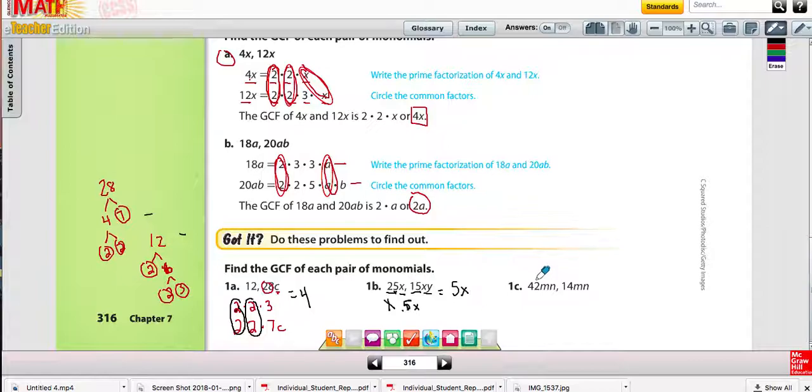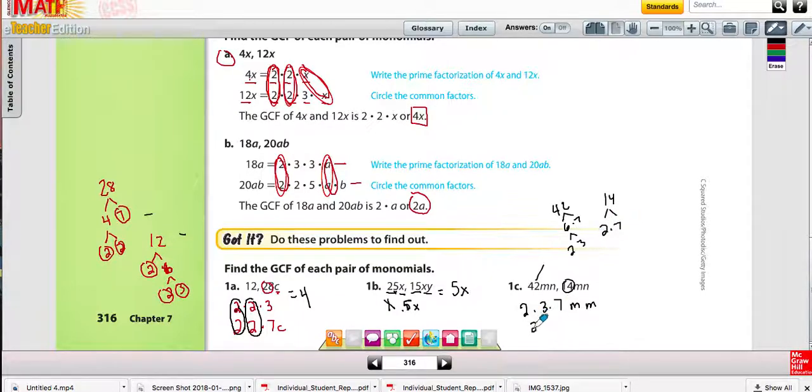For 1c, I'm going to go back to the tree method. So 42 can be broken down into 6 times 7. 6 can be broken into 2 times 3. So we have 2 times 3 times 7 times m times n. Now let's look at 14. 14 is 2 times 7, and those are both prime.